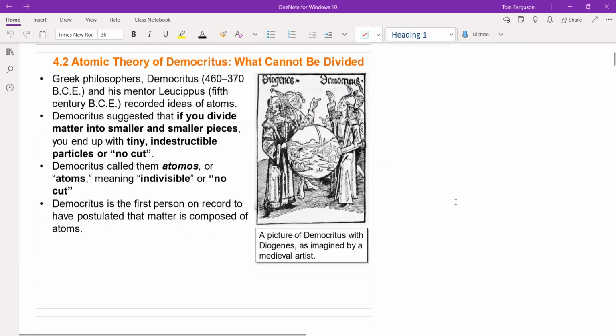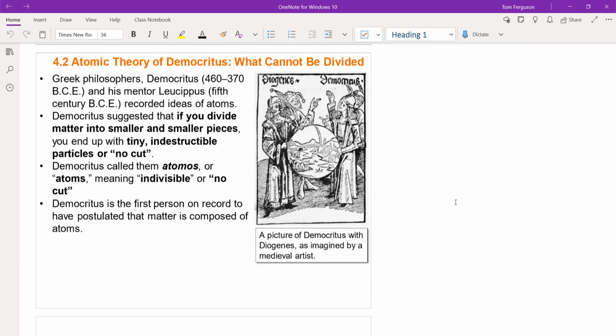Now, I want to talk a little about the history of how the atomic model started. It started thousands of years ago. A guy named Democritus came up with a concept called the no-cut theory. It talked about if you divide something, let's say we have an apple here, and I cut that in half, is it still an apple?